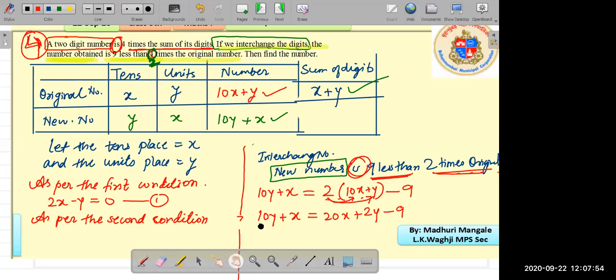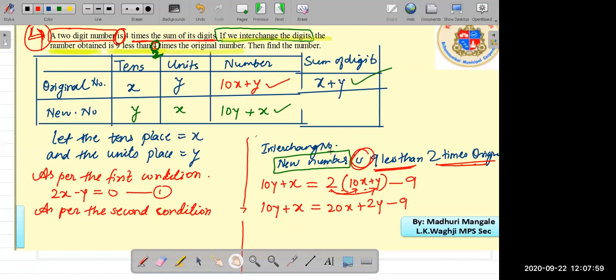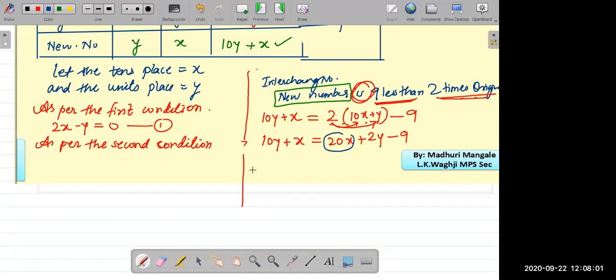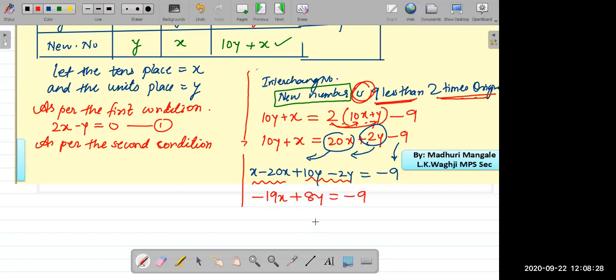So 20x moves to this side, that would be x minus 20x, and 2y moves to that side, 10y minus 2y equals to minus 9 as it is on the right side. Correct? Now we are going to combine the like terms. So this would be minus 19x, and combining the y terms, that would give us plus 8y equals to minus 9.